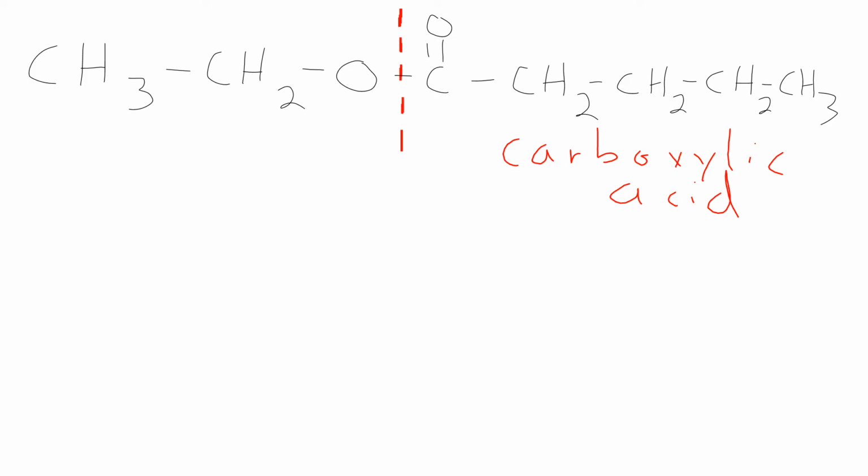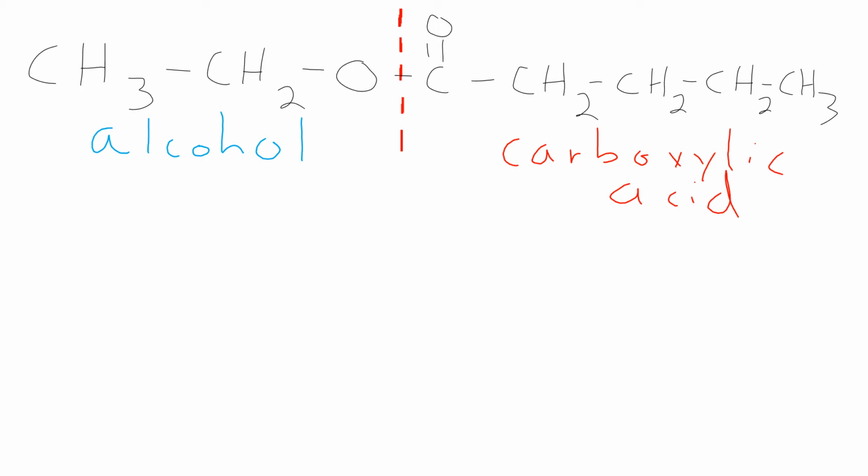Then the part that has the oxygen, so on the left-hand side in this case, that's going to be the alcohol. So you're always looking at this key bond between the carbon and the oxygen. That's what's going to split the ester into its two pieces, the carboxylic acid side and the alcohol side of the molecule. And we use that for our naming.